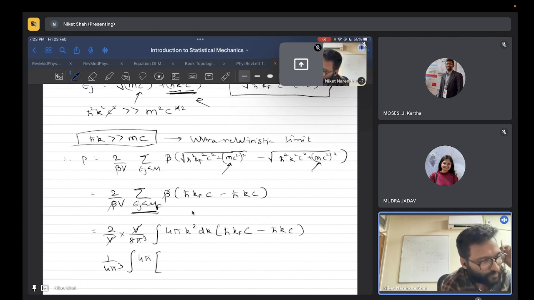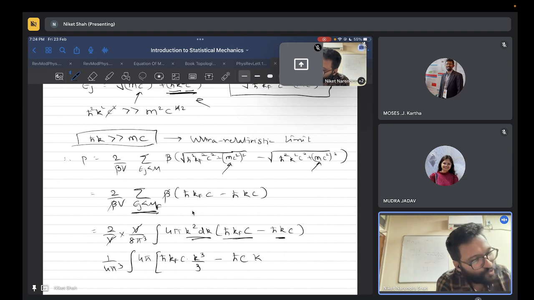The first term is just constants, only k square dk has to be integrated. So it will become h bar kf c into k cube by 3, minus h bar c into, this term becomes k cube, so after integration it becomes k raised to power 4 by 4.